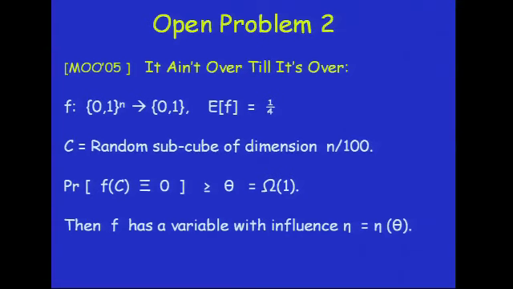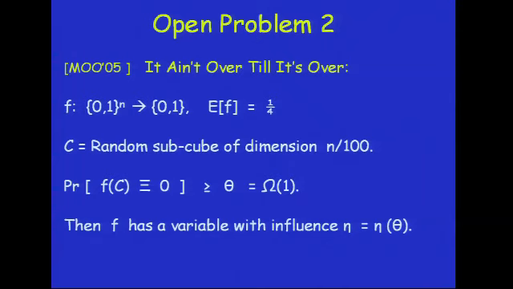Instead, I will pose a concrete problem about Boolean functions on the hypercube. The Mossel, O'Donnell, and Oleszkiewicz paper also has another theorem. It's called "It Ain't Over Till It's Over." The reason for this name is that you can view Boolean functions as voting schemes.